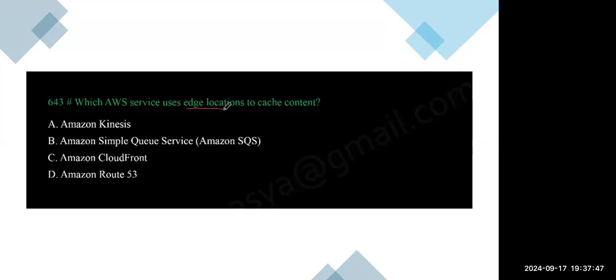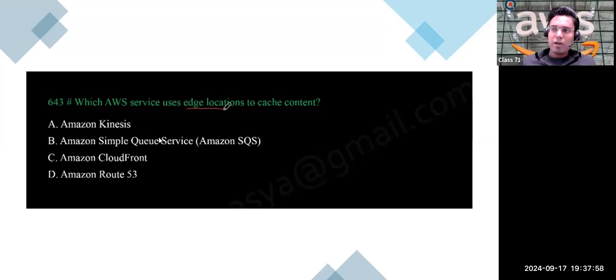I know C is a content distribution sort of thing. Content delivery. Yeah, this one is the right one, Amazon CloudFront. Whenever you see the words edge location, we have only one service, CloudFront. This one is for DNS service, this is SQS, and this is an Amazon database service. So that's the right one, CloudFront.